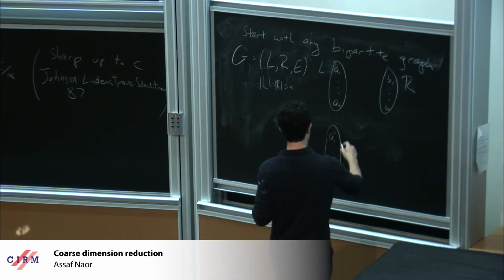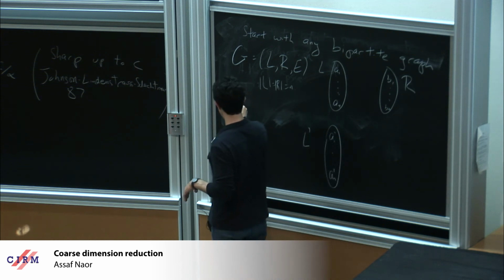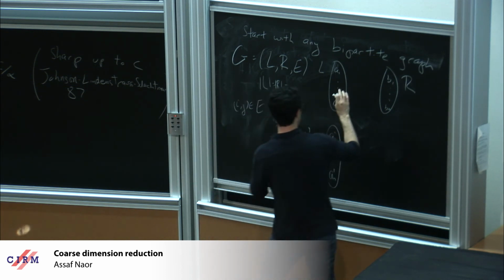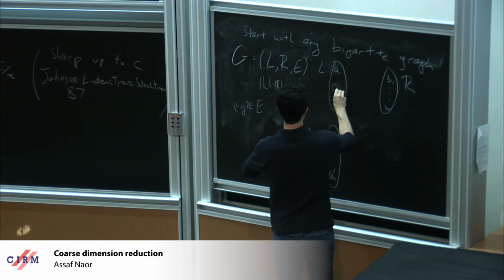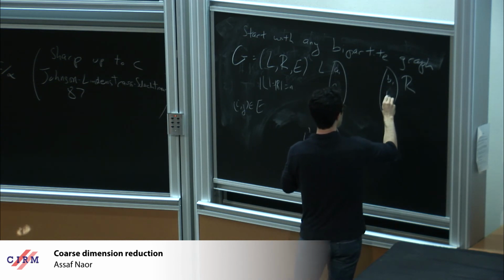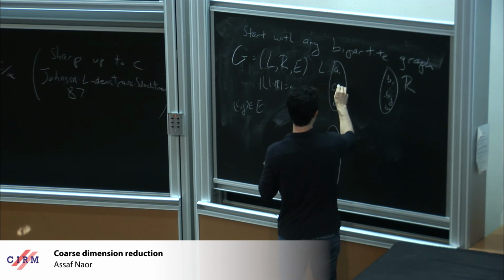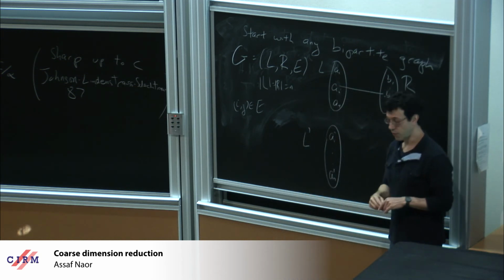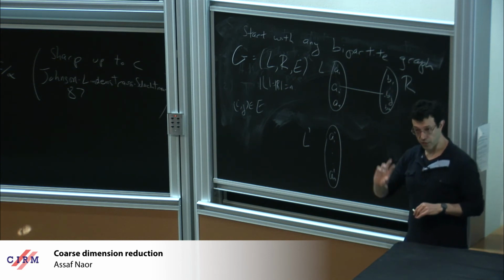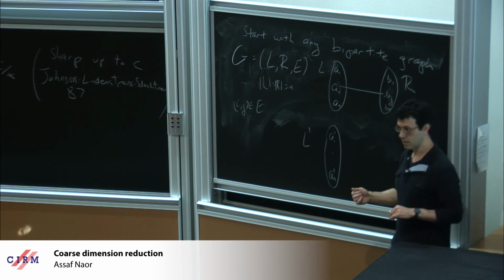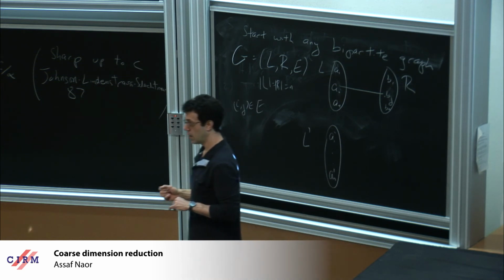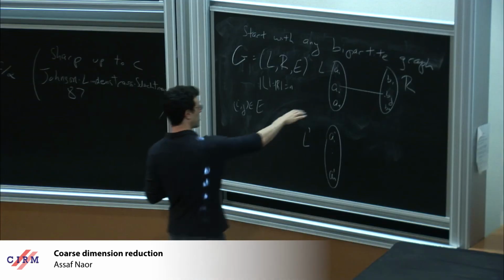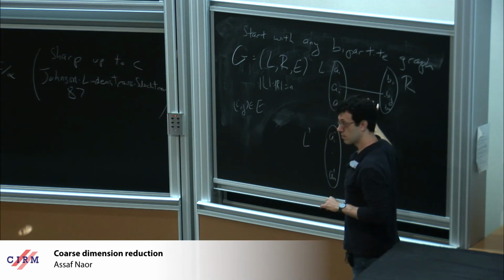And now for every edge, so if ij was an edge in the initial graph, so let's write Ai and Bj here, and there was an edge here. For every edge independently, I flip a coin. Let's say heads or tails. If I get heads, I keep that edge. I still draw it in this graph.